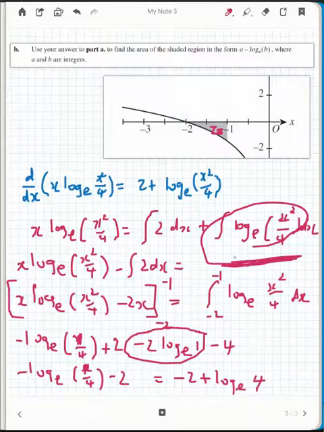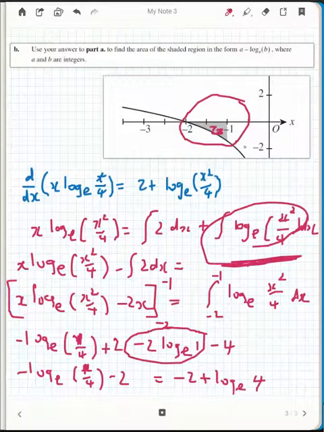Looking at my area, my integral is going to be a negative answer because the area is underneath the x-axis. Therefore, if this, for instance, was minus 2, I would say the area equaled 2.